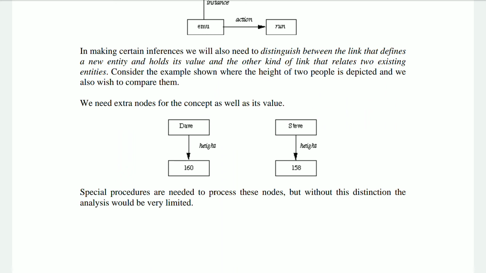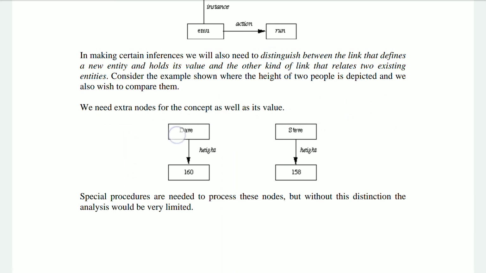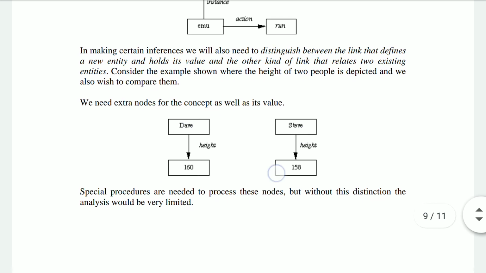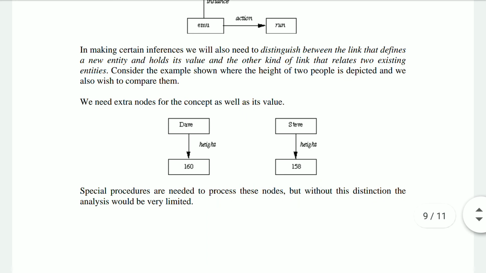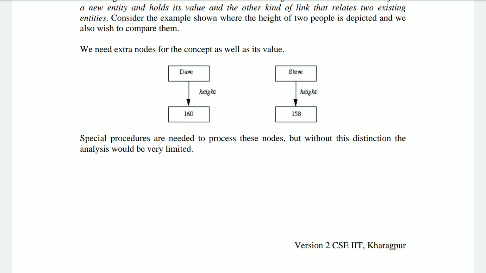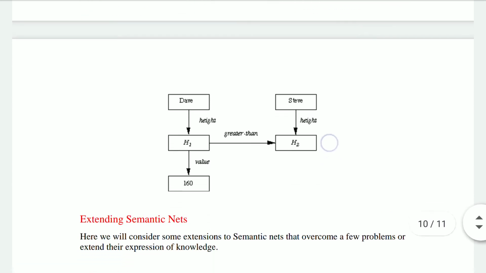So we need extra nodes for the concepts as well as their values. Let's say I have Dave and Steve and their heights are given, 160 and 158, and the question is, whose height is greater? Special procedures are needed to process these nodes, but without the distinction, the analysis would be very limited. Let us see how this is done.